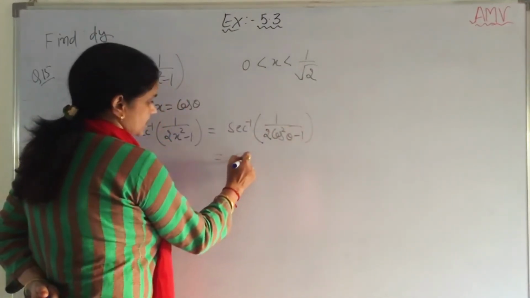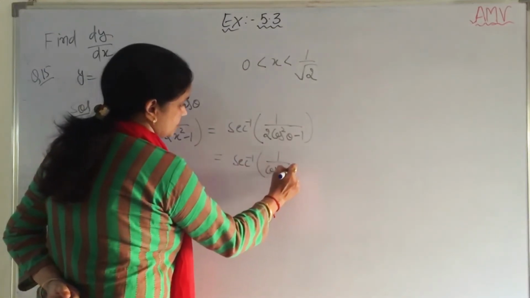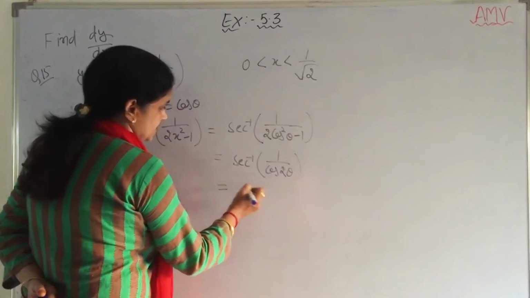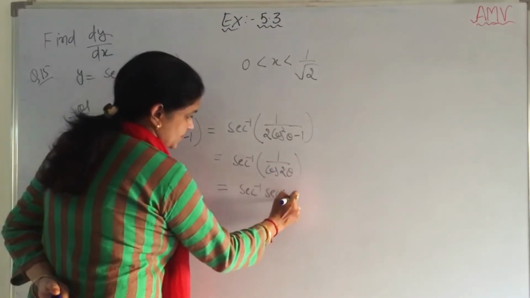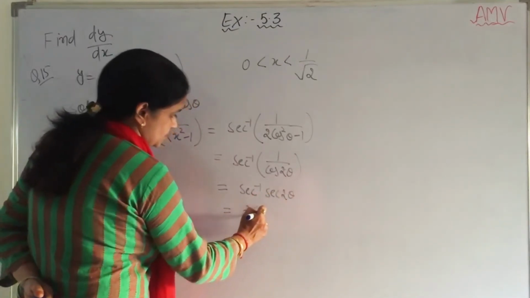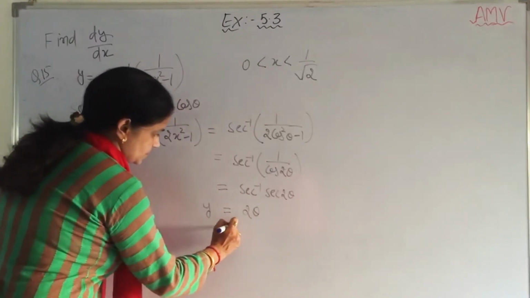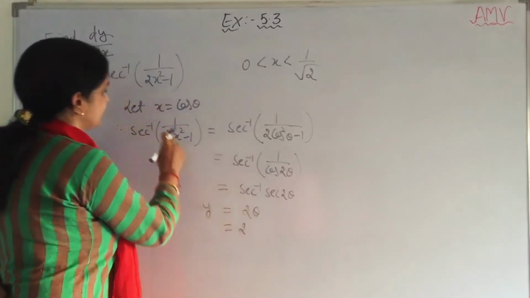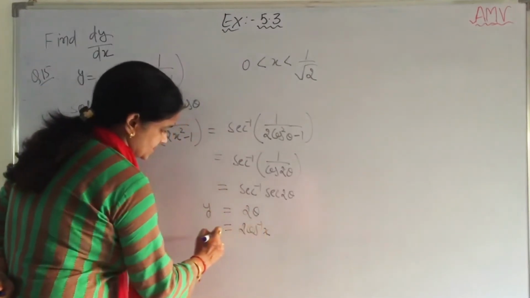Okay. And now it is the formula of cos 2 theta. Okay. It gives sec inverse sec 2 theta, and from this step we will find it's 2 theta only. Okay. So y is equal to 2 theta, and here substitute the value of theta. It is cos inverse x.